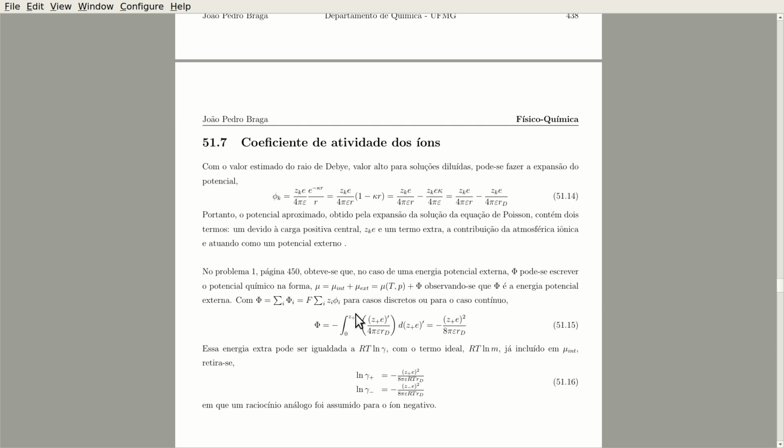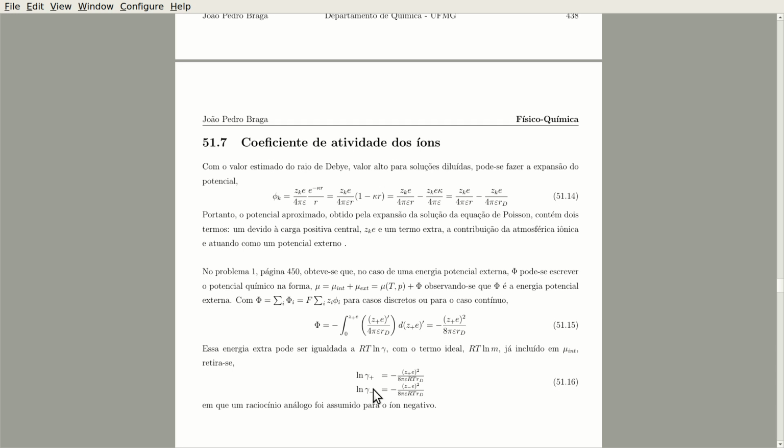If I add more charges, as I said, you get this potential. The same reasoning can be applied to the negative charge, because positive charges are surrounded by negative charges, and negative charges are surrounded by positive charges.